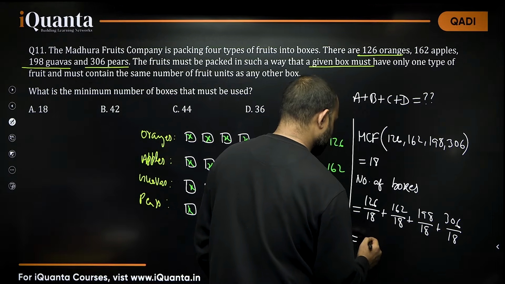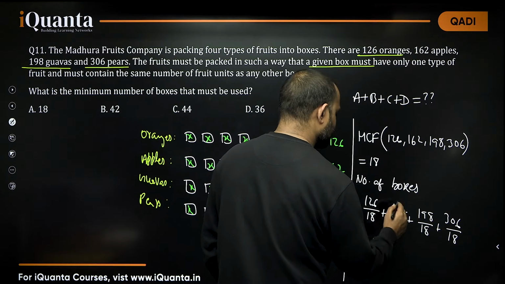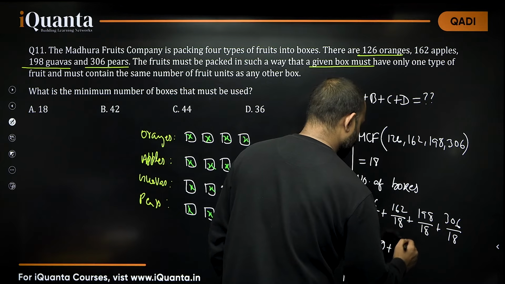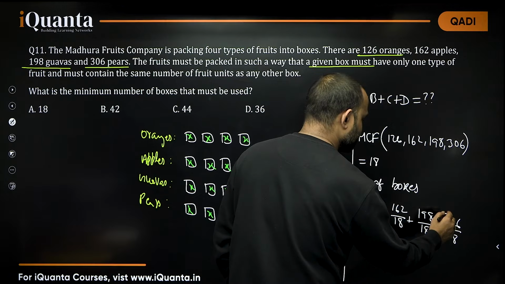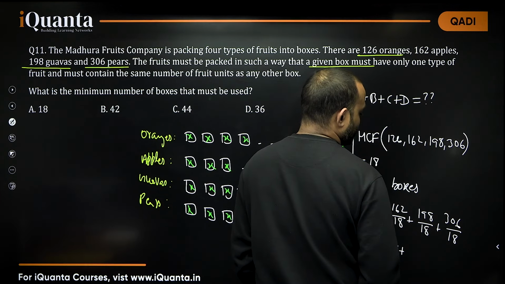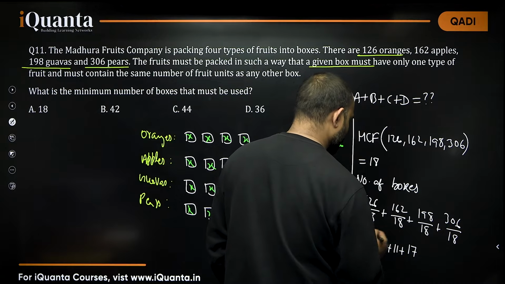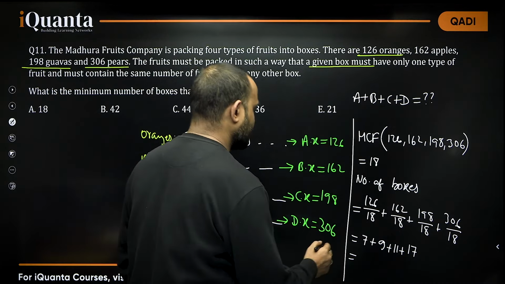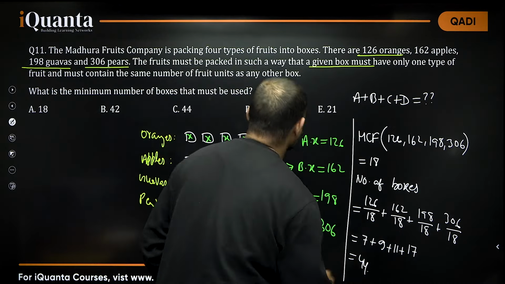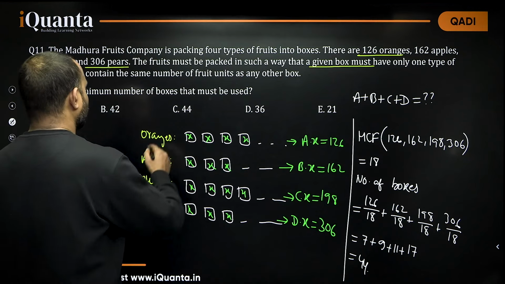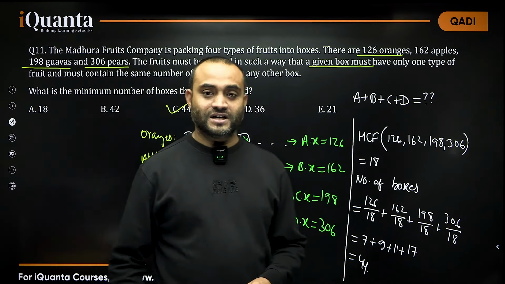These values are 7, 9, 11, and 17. So we are getting 24 plus 20, 44. So the minimum number of boxes required will be option C, which is 44.